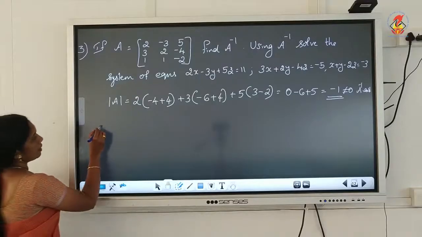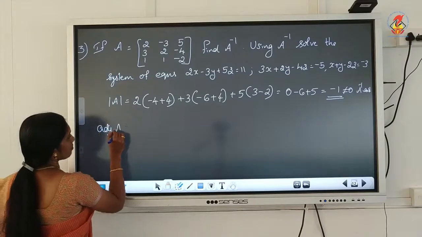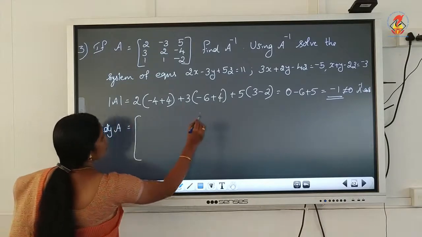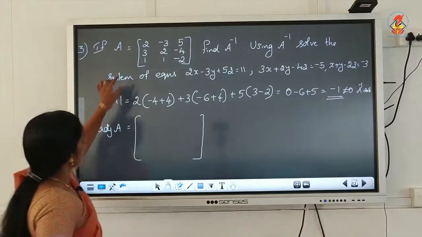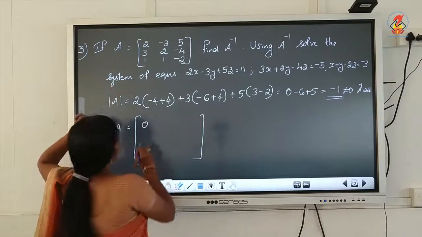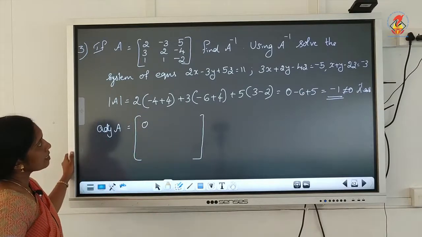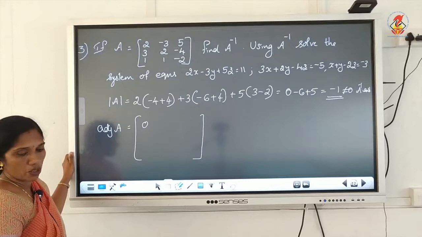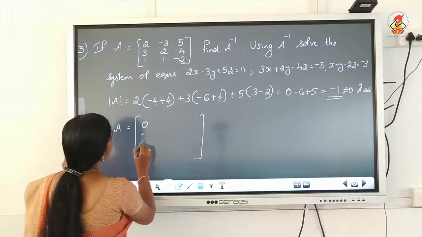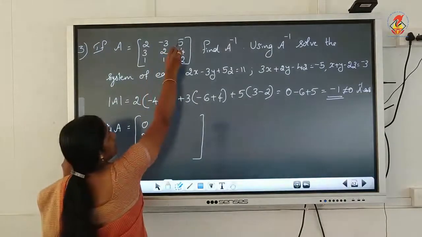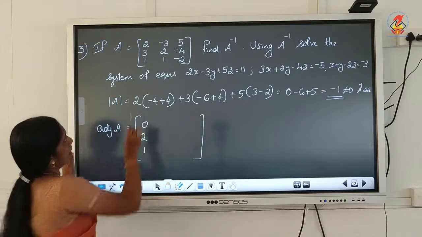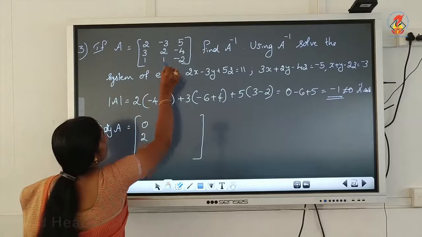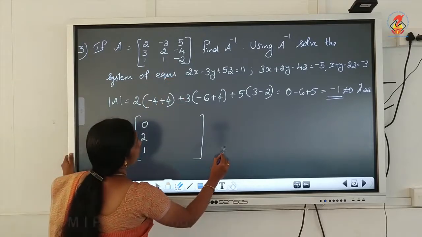Now find adjoint of A. Adjoint of A is equal to, for the first element it is 0, second element minus 6 plus 4, that is minus 2, change the sign, so it is 2. The last element, that is 5, 3 minus 2 is 1, 1 is positive. Next row, minus 3, 5, 1 minus 2.